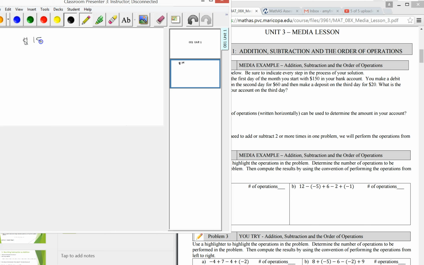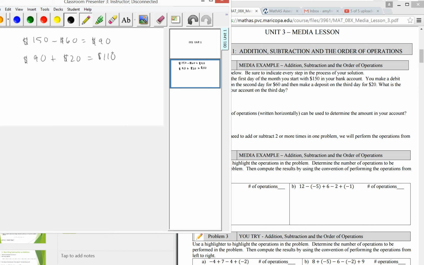So 150 minus 60, so you have $90, and then you take the 90 and add the $20 deposit, and you have $110. They'll probably write this in two steps.